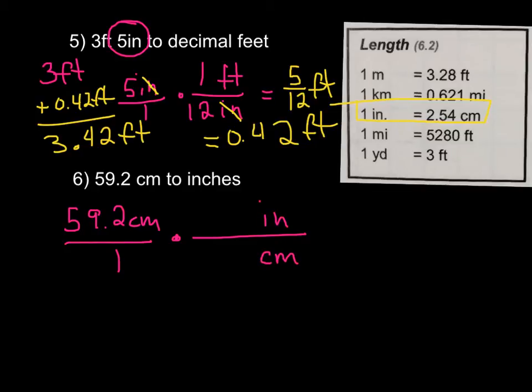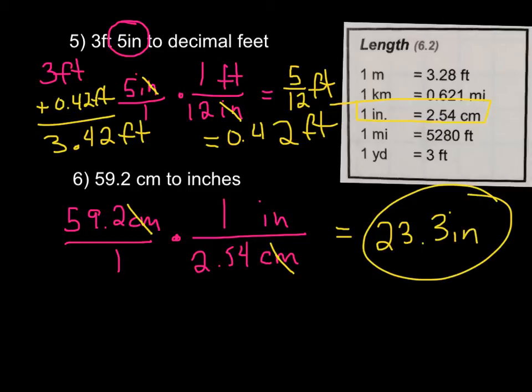And our conversion factor says that 1 inch is equal to 2.54 centimeters. The centimeters cancel, so we end up with 59.2 divided by 2.54, which gives us 23.3 inches. Okay? Alright, let's go on to the next one.